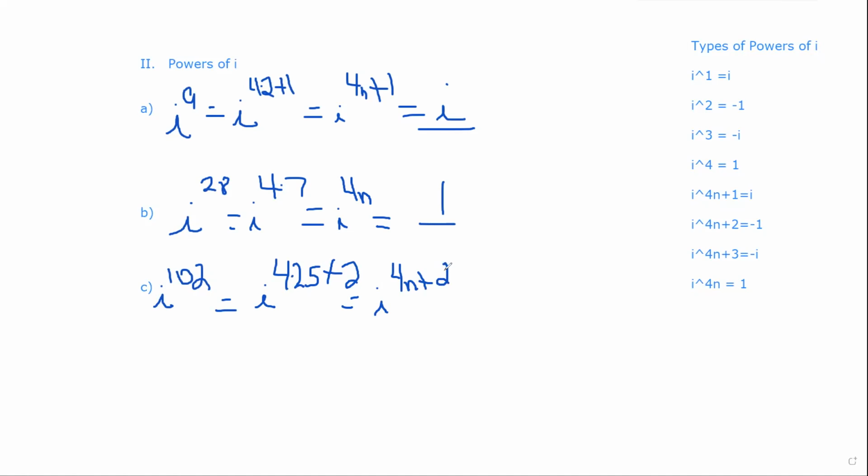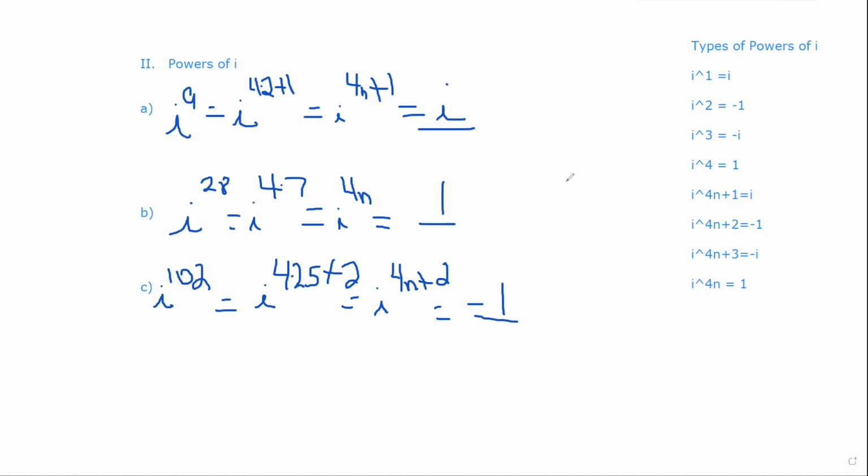So given that, what we can understand from that type of power, 4n plus 2, that result will become a -1. So take a moment, process this, practice this again, rewrite it again, and try to see the scenario, because it's just working with the 4 unit of powers and identifying the level of i.